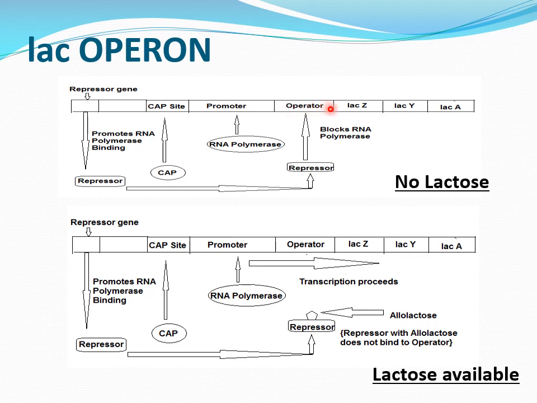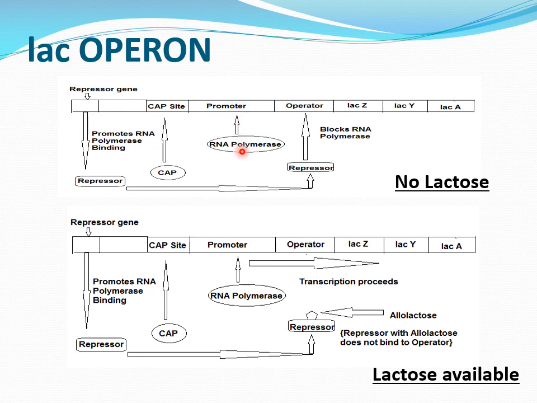This is the nucleotide sequence on which these regulatory proteins can bind. Now over here at the -10 position is the Pribnow box, and at the -35 position is again a consensus sequence, and together they form the promoter region.